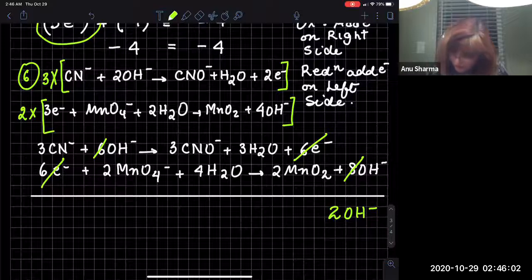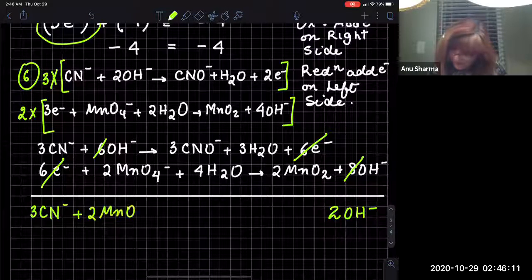The rest you just copy: 3 CN cyanide plus 2 MnO4 1 negative, plus the water. Here was your 3 and 4, so this leaves you with just 1 water molecule, H2O.